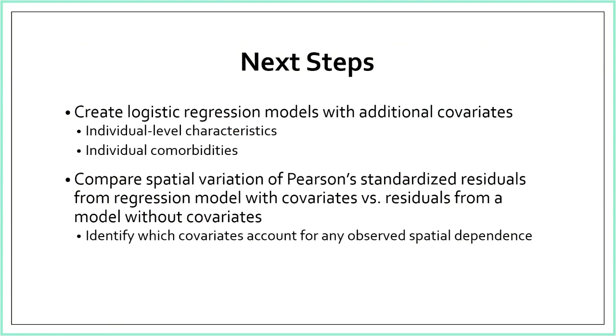And this will involve running logistic regression models with covariates such as age and individual comorbidities that are associated with COVID-19. And we can look at the spatial variation of the logistic regression models' standardized residuals, and compare that of a model without covariates to be able to identify the covariates that might help explain some of the spatial dependence that we see.